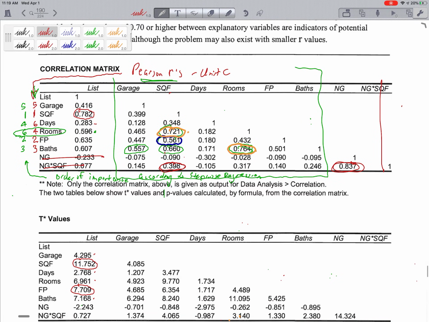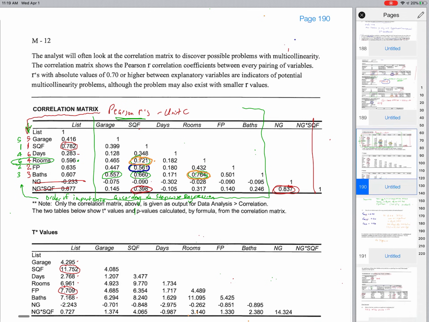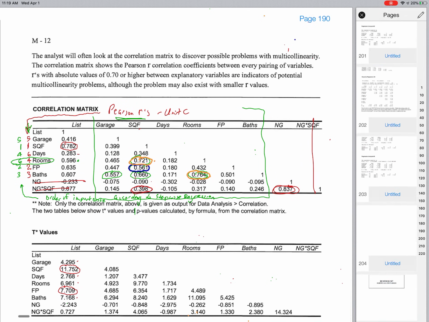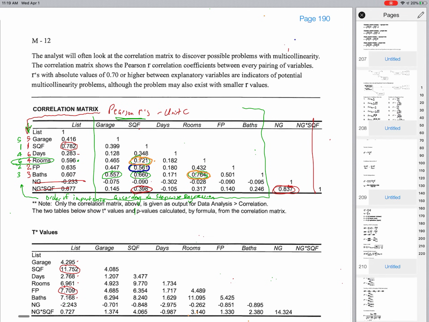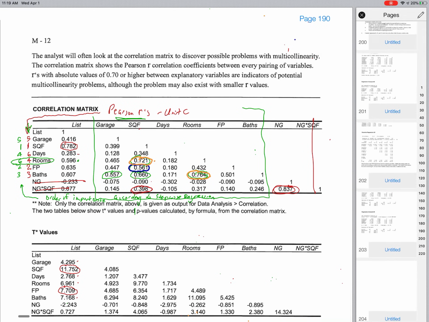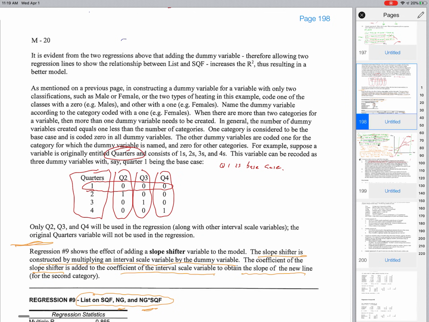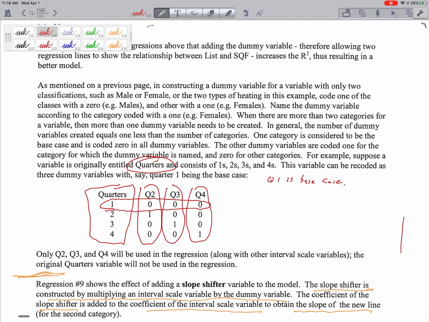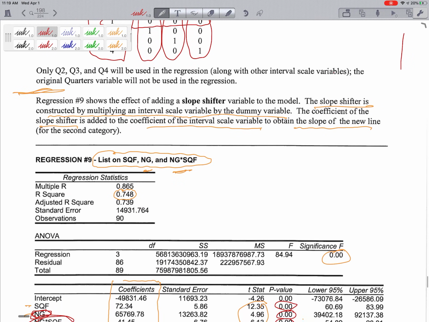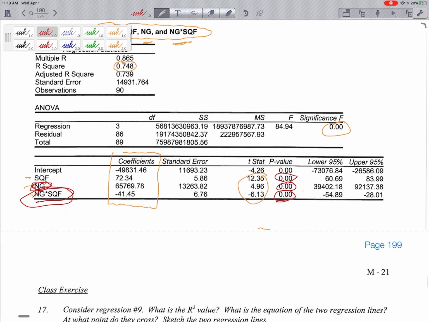And so it's quite possible that one or more of these three variables would end up being insignificant when you put them all together. Now, in our particular case, they're quite strong variables, and so they actually all end up having p-values which are really low, and so we're fine.